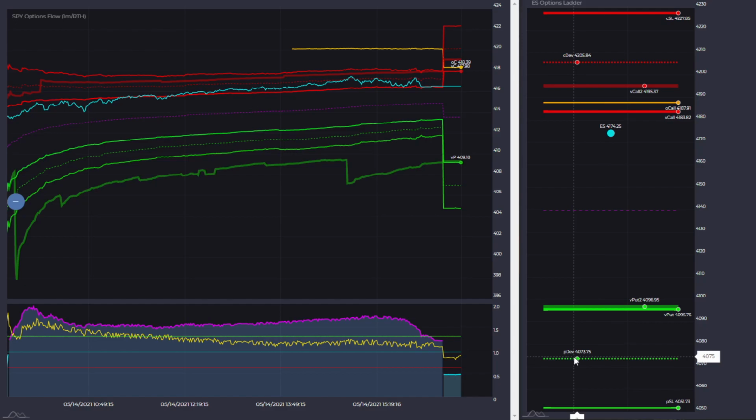We noticed that during overnight there is a lot of activity from algorithms protecting these levels here. But one thing I would suggest is just observe how price interacts with these levels.